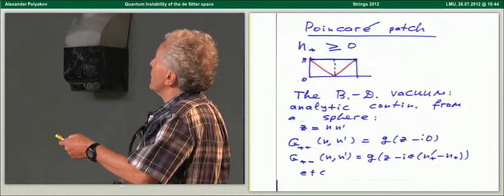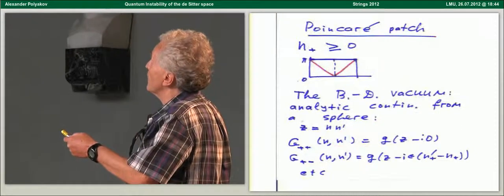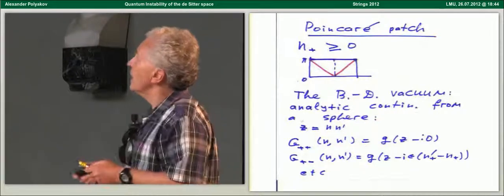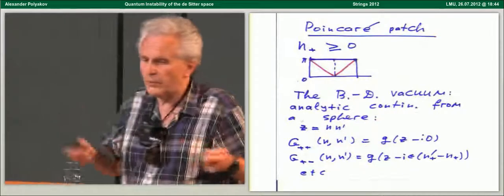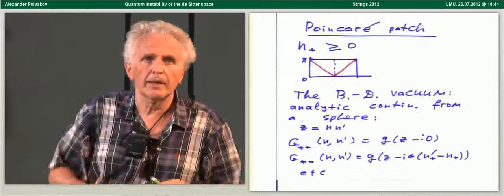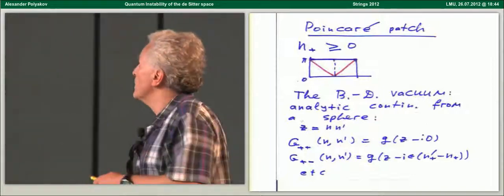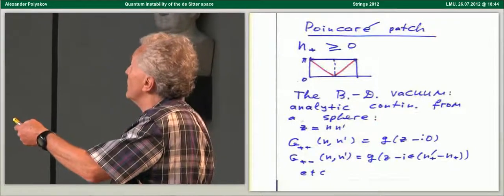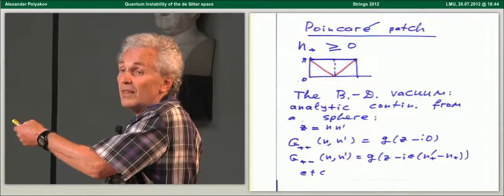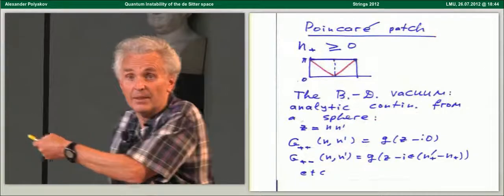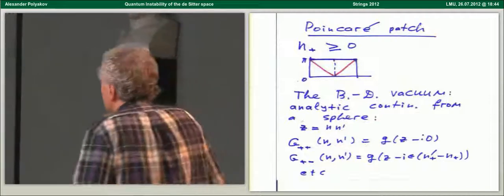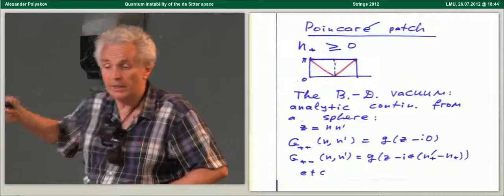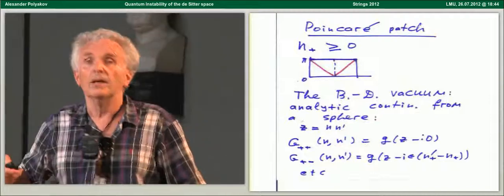Now, there is a conformal diagram. The Poincaré patch is defined by this condition. And the first question you can ask, since we're interested in de Sitter symmetry, as I explained, it's very important to break down de Sitter symmetry, is whether it would be broken simply, naively by this condition, because it's not a fully de Sitter invariant condition. The answer, which I will demonstrate, is not trivial.